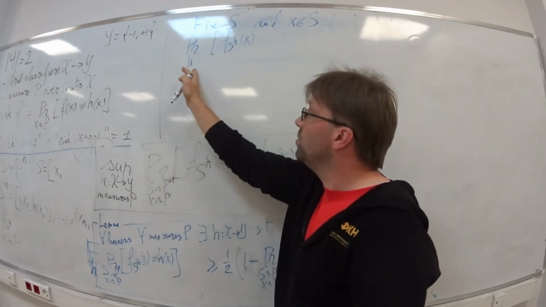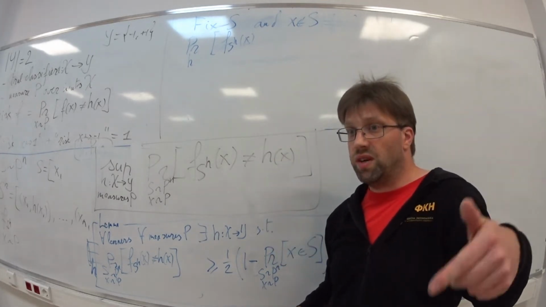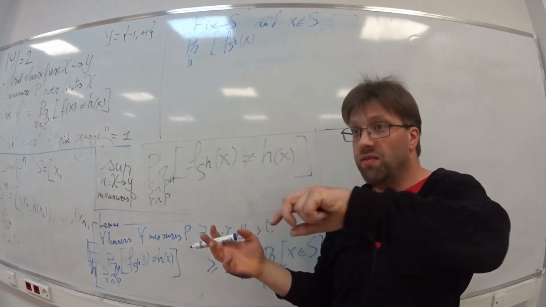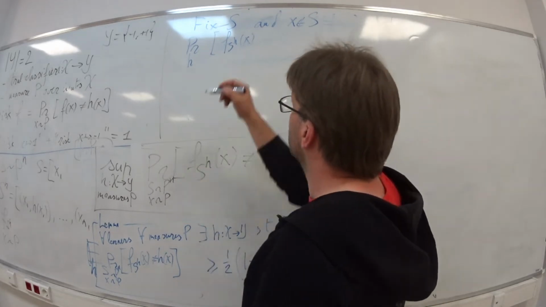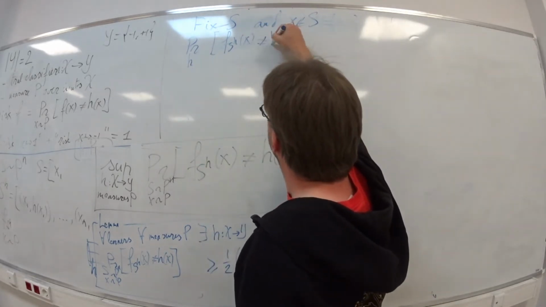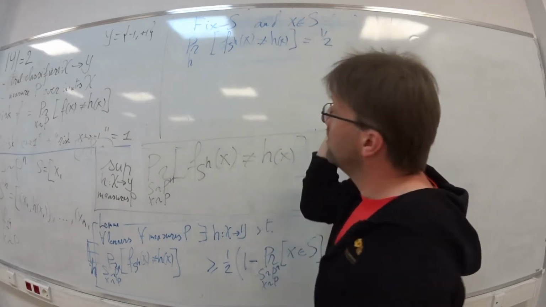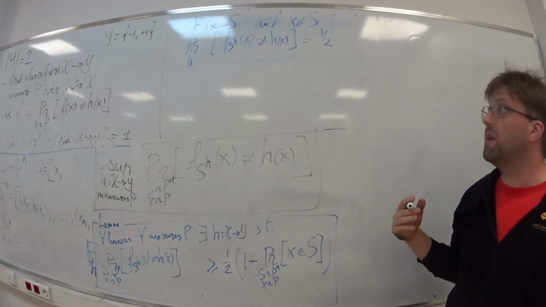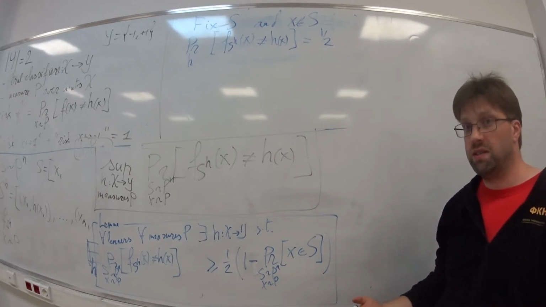I need to tell you how we generate H. We take a random H: for every input, we pick one of the two labels randomly and independently from all previous labels we picked. Then I claim that the probability over H that we are wrong is equal to 1/2. That's just by the definition, the generation process of H.